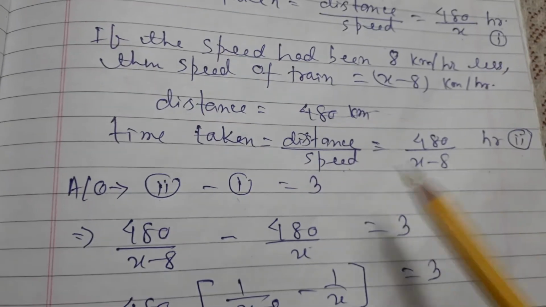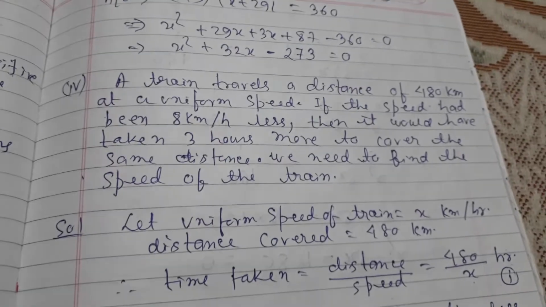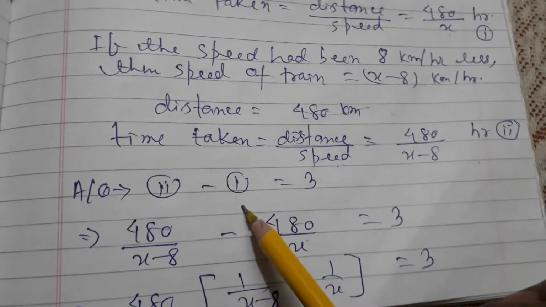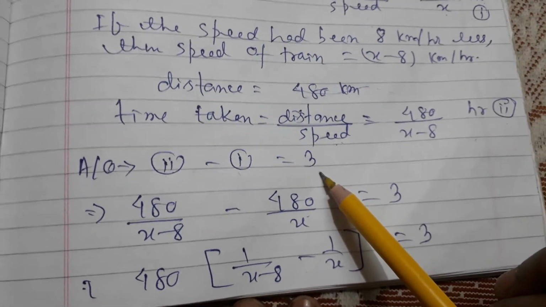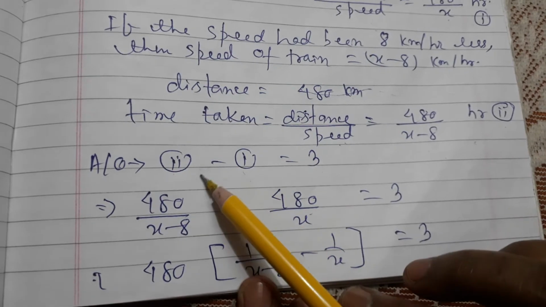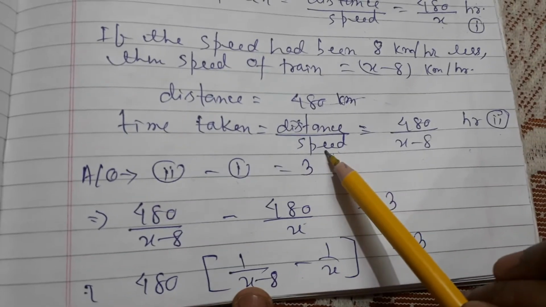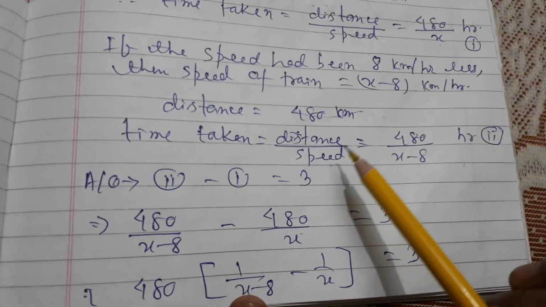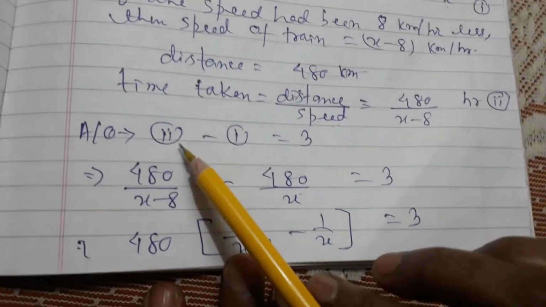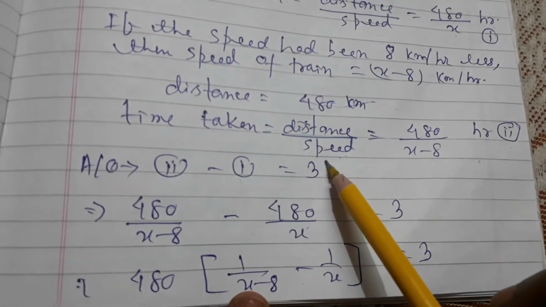Now it is also given in the question the difference of the two times is 3 hours. So equation 2 minus equation 1 equals 3. Why equation 2 minus equation 1? Because in equation 2 speed is less, so time will be greater. So greater time minus smaller time.